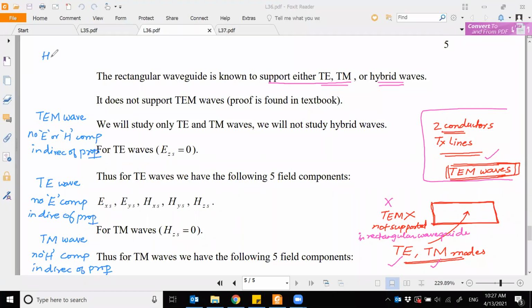For hybrid, Mr. Ramzi, can you tell me what about the hybrid modes? Mr. Mohammad Al-Humaydan, can you tell me?